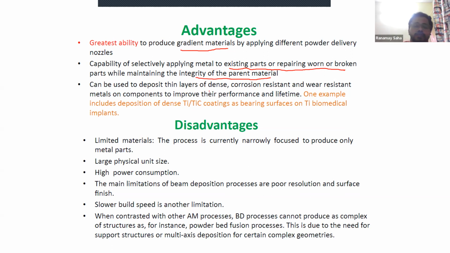Okay, so as initially said, you can get highly dense and corrosion resistant as well as wear resistant metals. Okay, so you can have high performance and lifetime of the components achieved. You can look at the biomedical implants, for example, right?